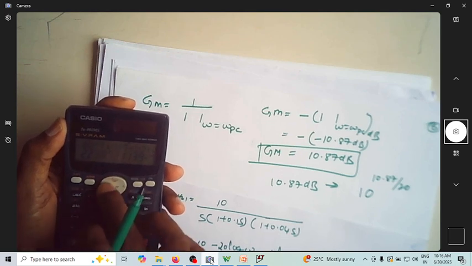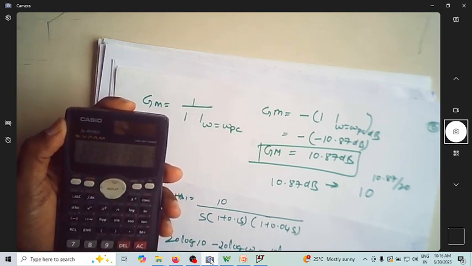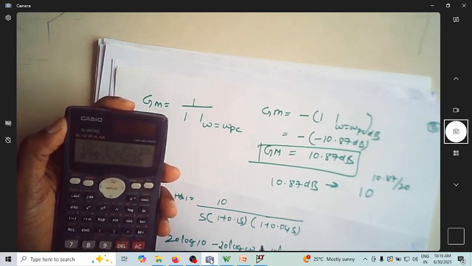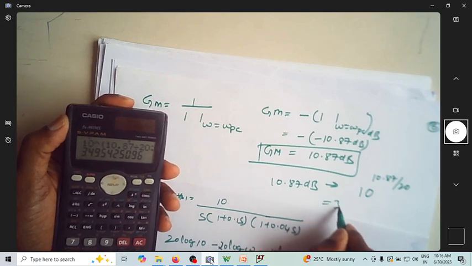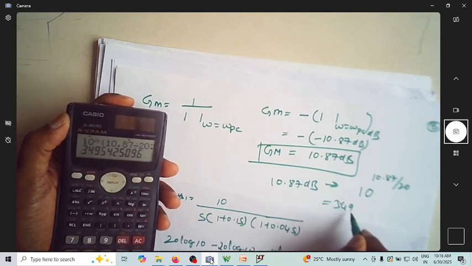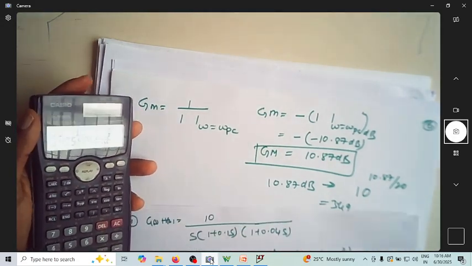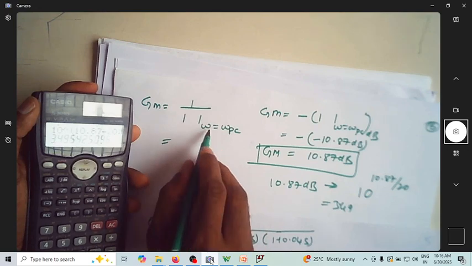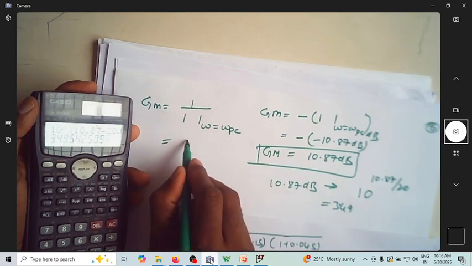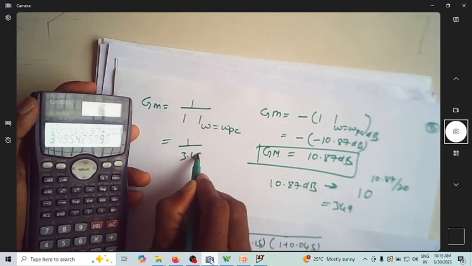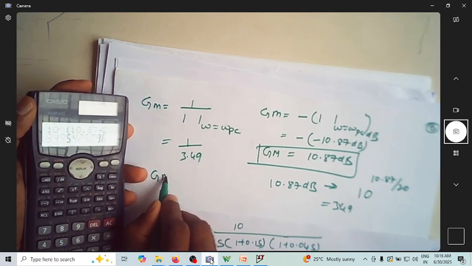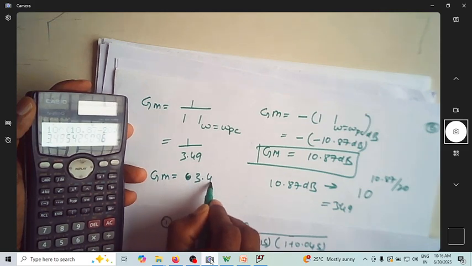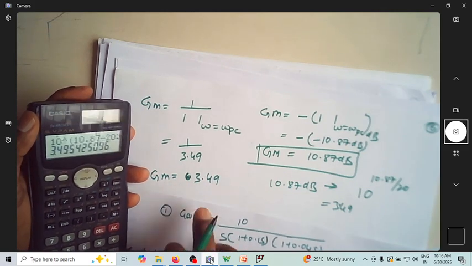Can you see it is now 3.49? So gain margin is now equal to 3.49.